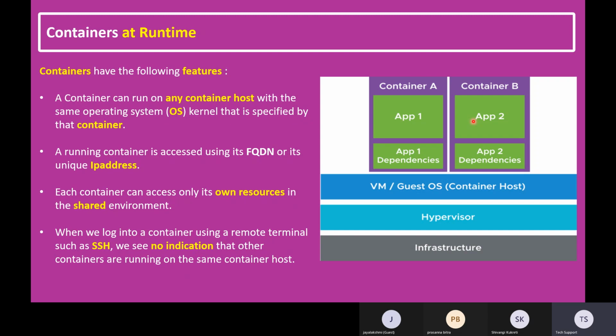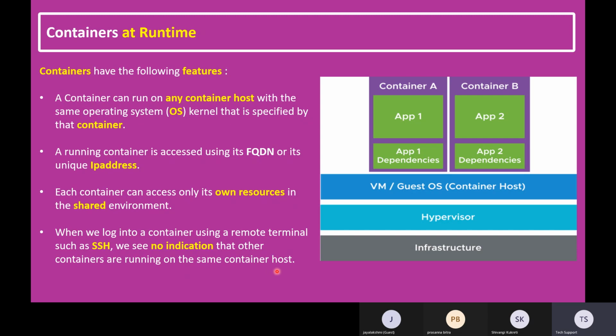That is the importance. That point is what we highlighted: each container can access only its own resources in a shared environment. So there will be no conflicts between container A and container B. Both have completely their own resources. When we log into a container using a remote terminal such as SSH, secure shell, we see no indication that other containers are running on the same container host.